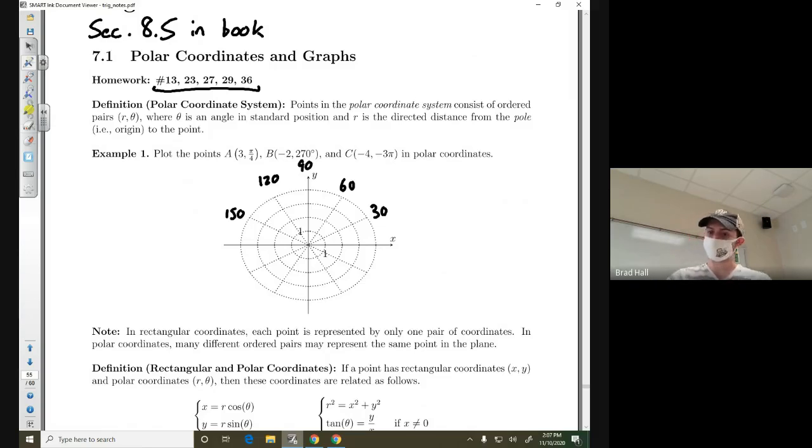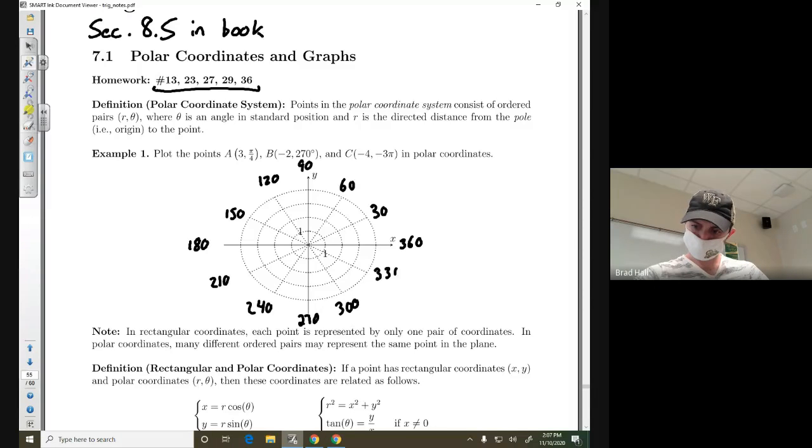And it would go in that fashion. 210, 270 over here, so then 240 would be right here. So yeah, it is increments of 30.